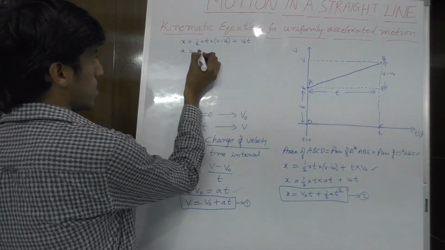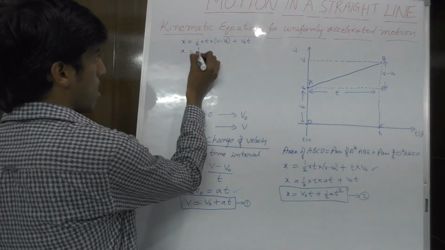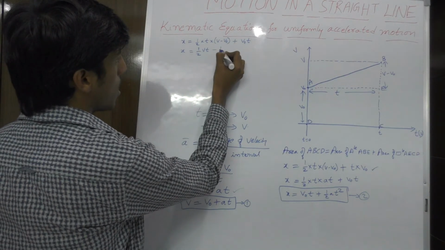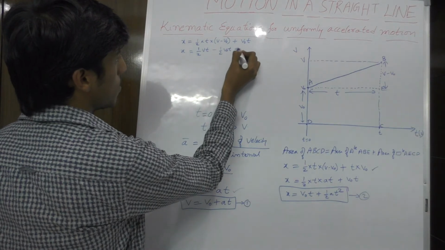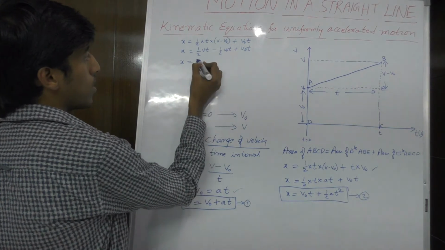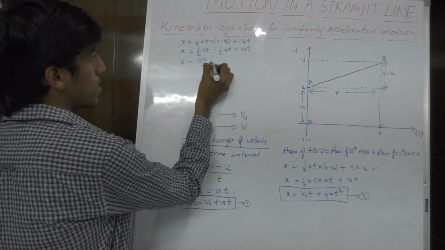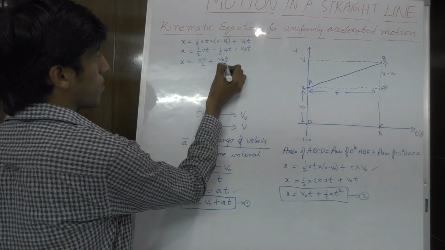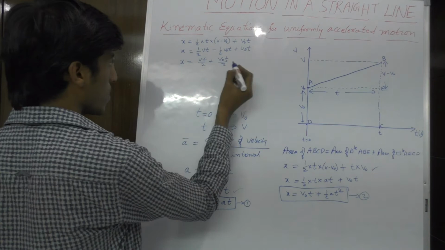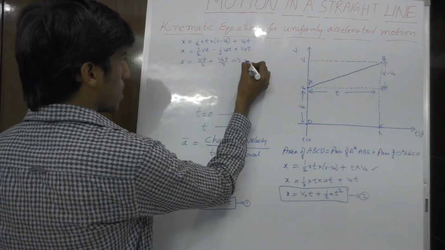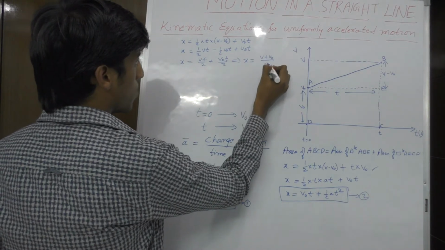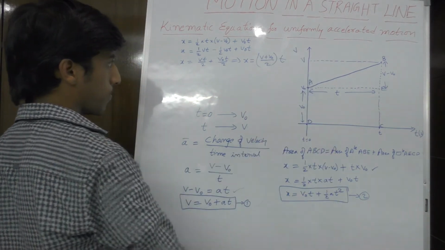Let's do it like this: half into vt minus half into v naught t plus v naught t, and x is equal to vt by 2 plus v naught t by 2, because v naught t minus v naught t by 2 is v naught t by 2. Finally we will get x is equal to (v plus v naught) by 2 into t.